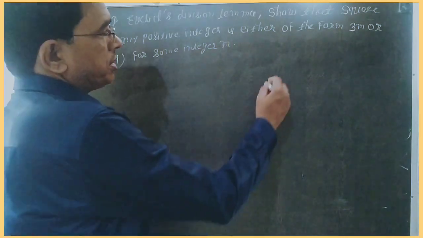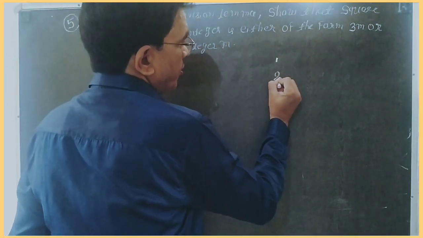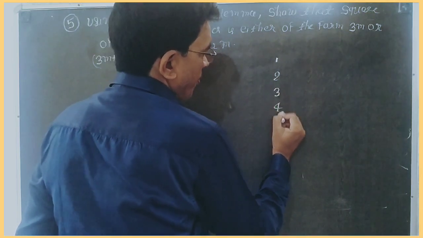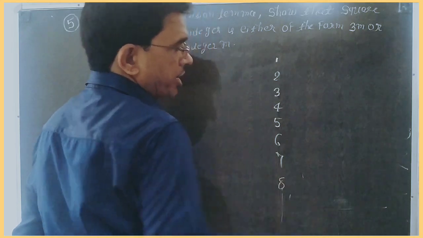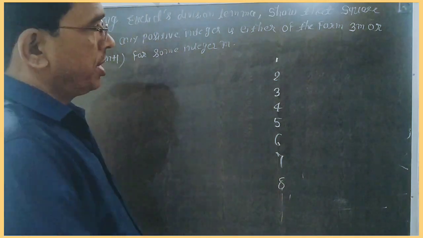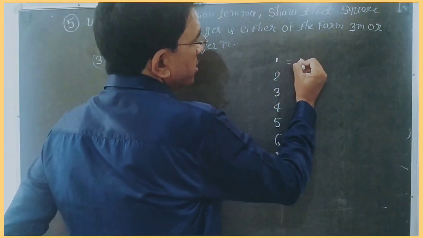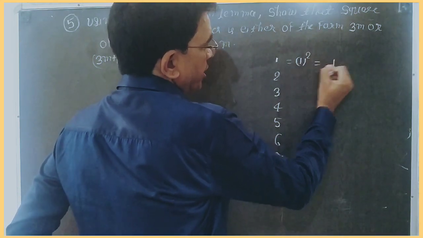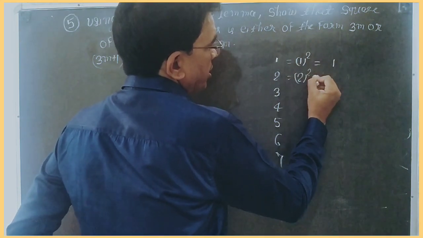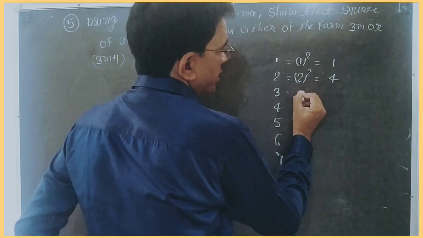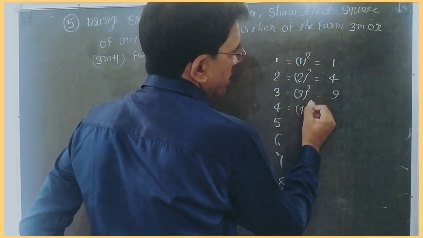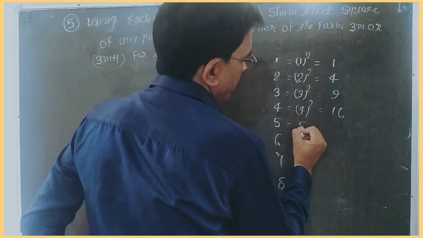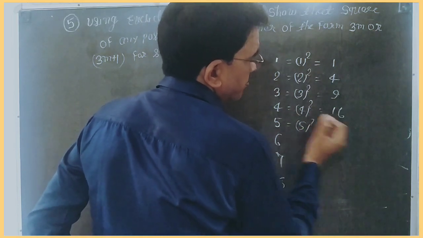A positive integer can be 1, 2, 3, 4, 5, 6, 7, 8, etc. The square of these integers is 1 square, that is 1, 2 square, that is 4, 3 square, that is 9, 4 square, that is 16, 5 square, that is 25, etc.